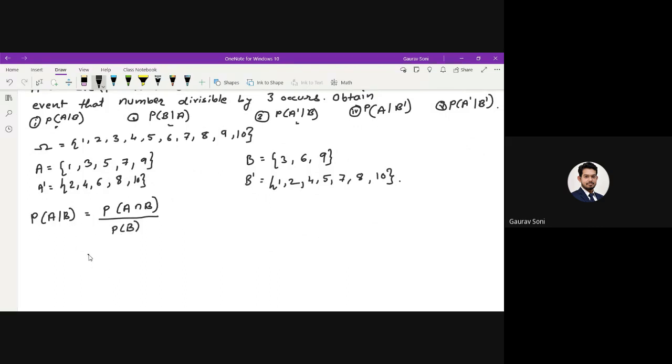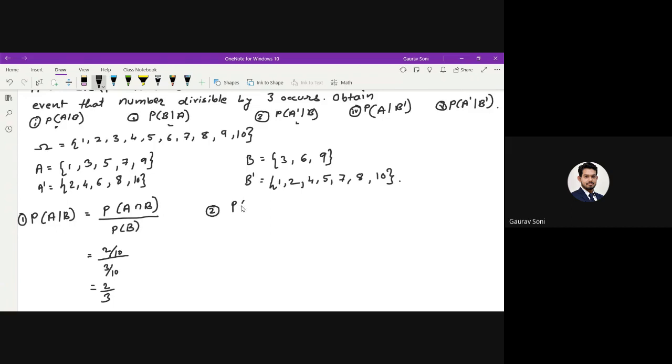How many elements do we have in that? 3 and 9. So we'll have 2 by 10 upon probability of B, 3 by 10. This is 2 by 3. That's the first one.